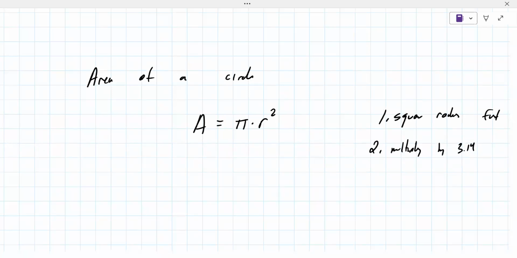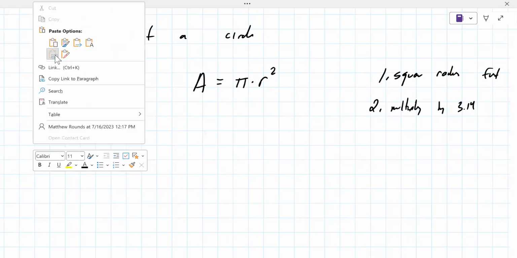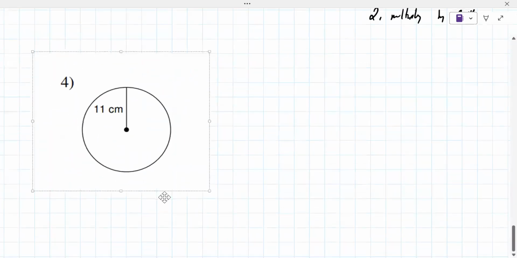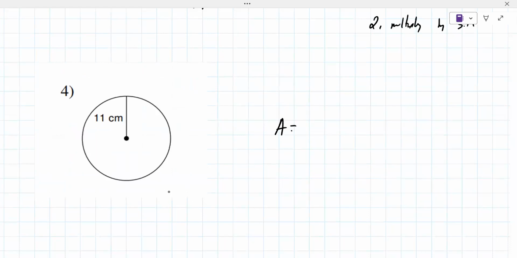The order does matter, order of operations, things we talked about. So here's an example. Here's the circle. The area is pi r squared. What is the radius for this one, Riley?